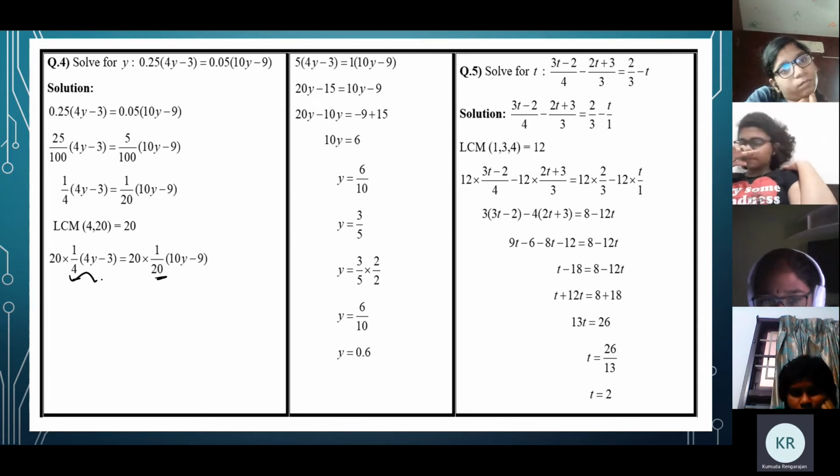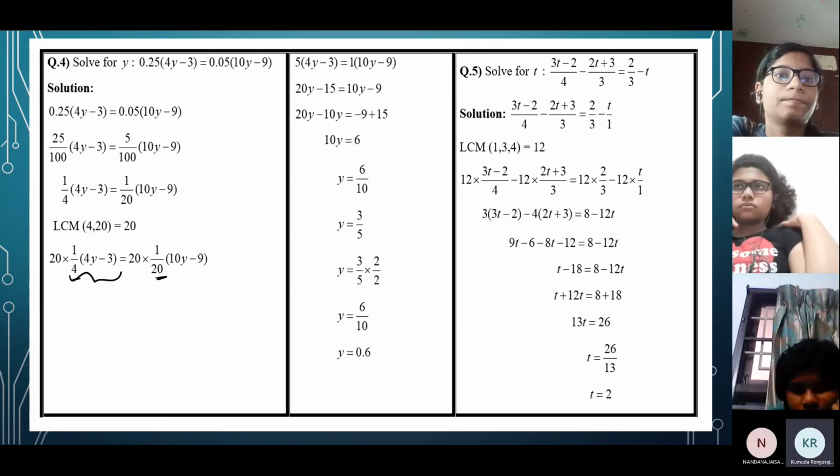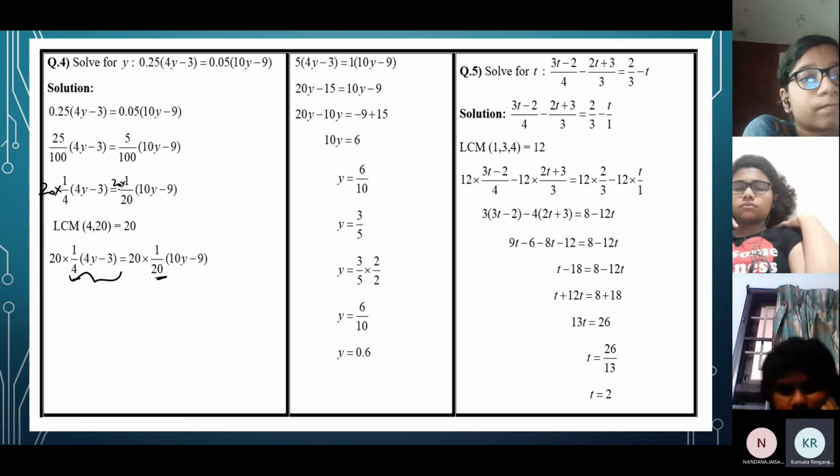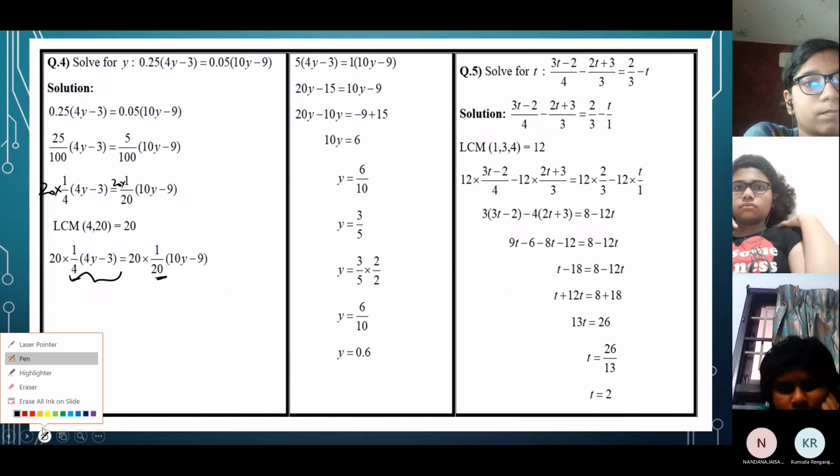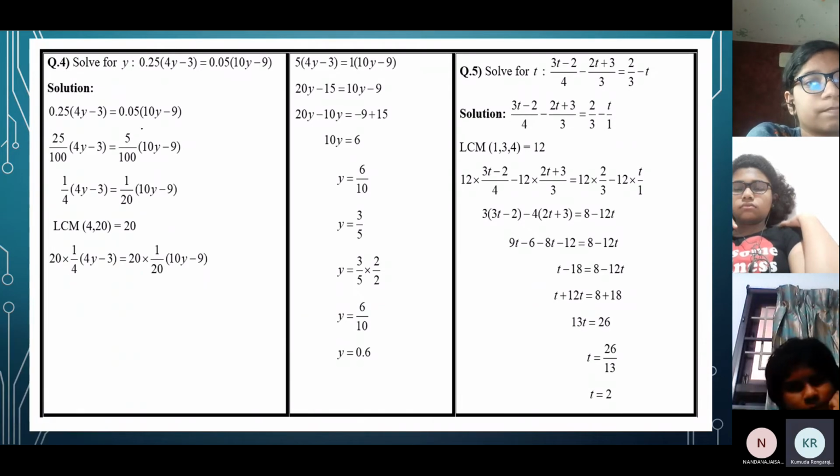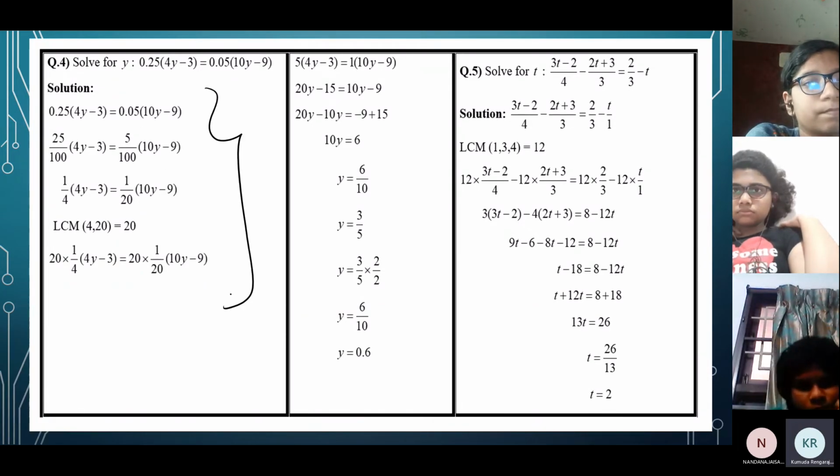So you can see that term 1 by 4 of 4y minus 3. See this one. I've done this 20 into this and here 20 into this one. Multiply both the sides by 20. Watch that, children. I'll just give you some time to go through this. Please go through this.